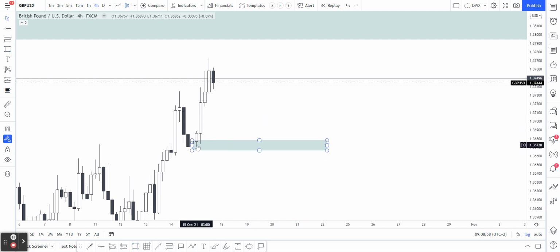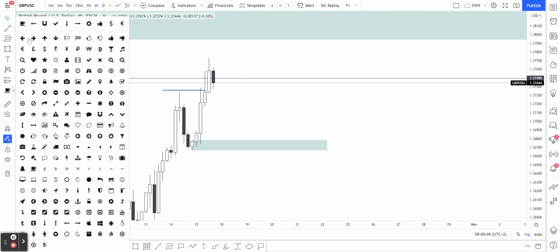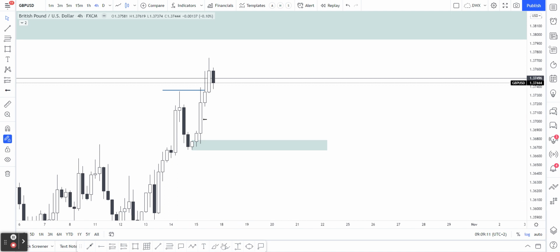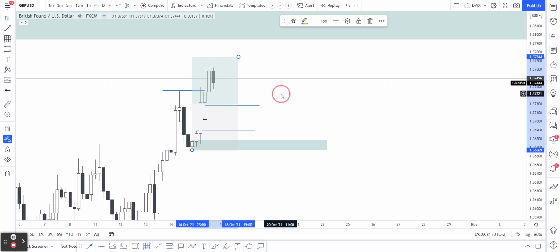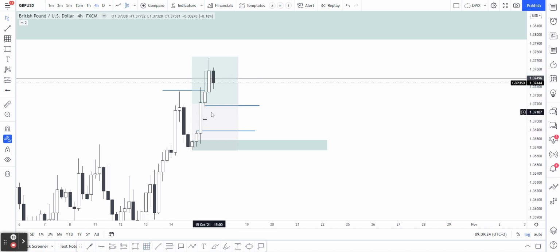Even though we have these wicks already in it, there's no imbalance left yet, but we have the strong structure break over there, and we do have some imbalance in this area as well. So we could take this area and possibly refine it on the lower time frames. We can also place our tool from low towards the high, and we can see this area is in the discount, so that is important as well.